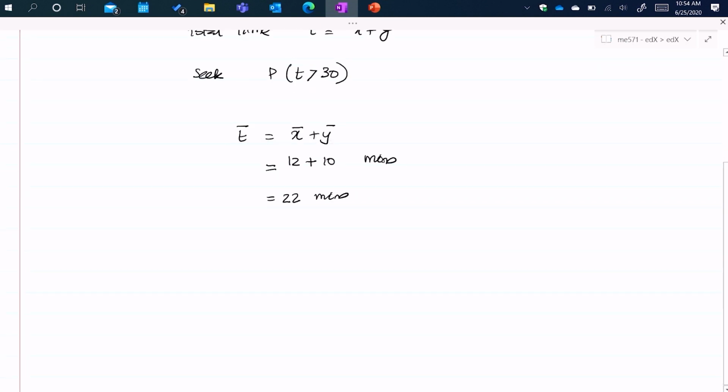We also need the standard deviation of t, which is the square root of the variance of x plus the variance of y. The standard deviation of x is 3, so this is 3 squared plus 2 squared.